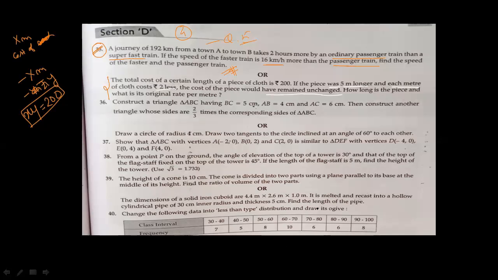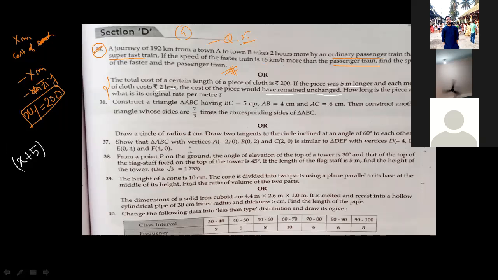That means if the original length is x, now the length will be x plus 5. And what is the cost of each meter now? Rupees 2 less. That means now it will be y minus 2, because each meter of cloth costs rupees 2 less. Did you understand?